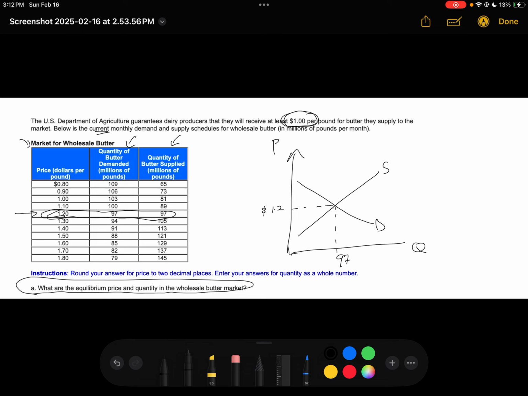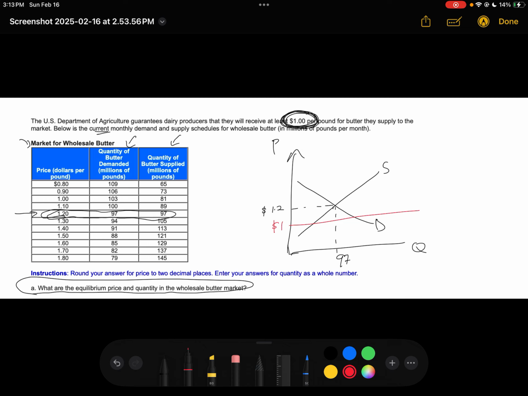Okay. Now, the price support is $1. So if I put, or the price floor, remember I said price floor and price support are being used interchangeably here, right? So if I put in red a price floor down here and told you this was the floor, first of all, it will not be binding.